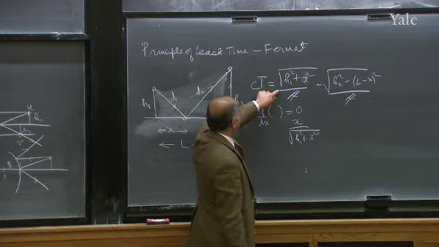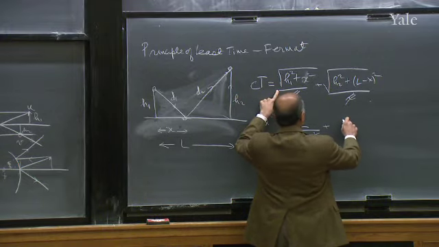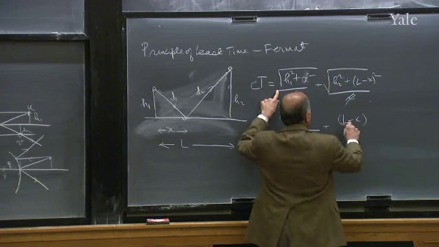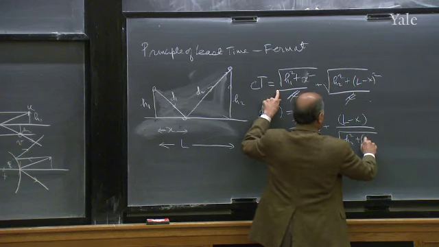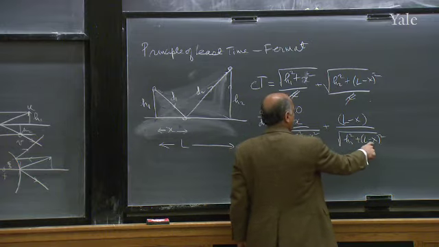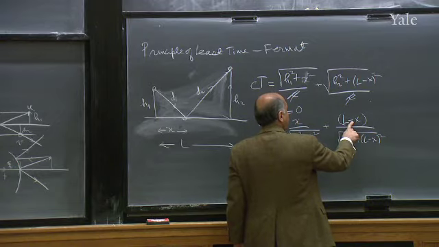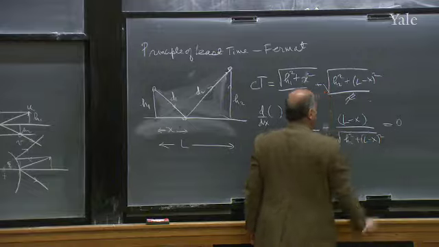This is the d by dx of the first term. The d by dx of the second term will look pretty much the same. It will look like L minus x divided by square root of h2 square plus L minus x squared. But when you take the derivative of L minus x squared, you get a 2 times L minus x and another minus sign from differentiating that guy. So you will get that, and that's what should be equal to 0.